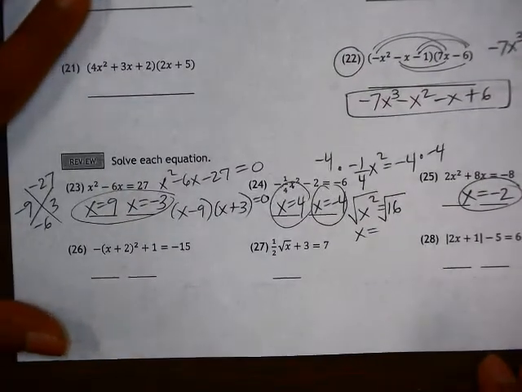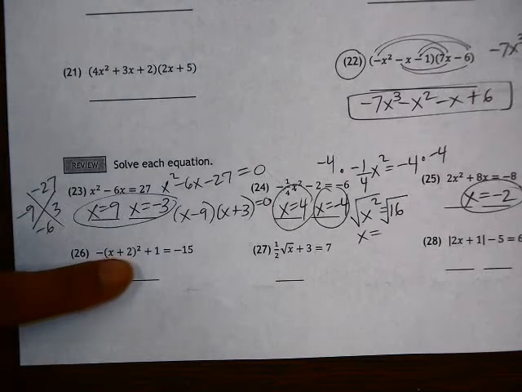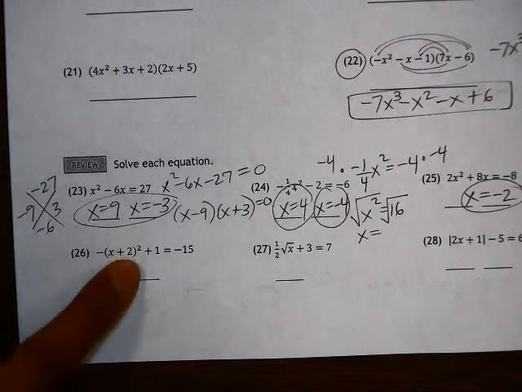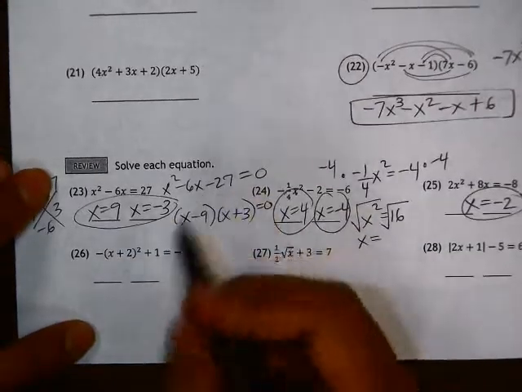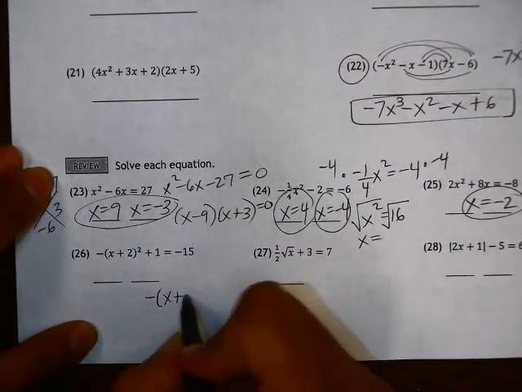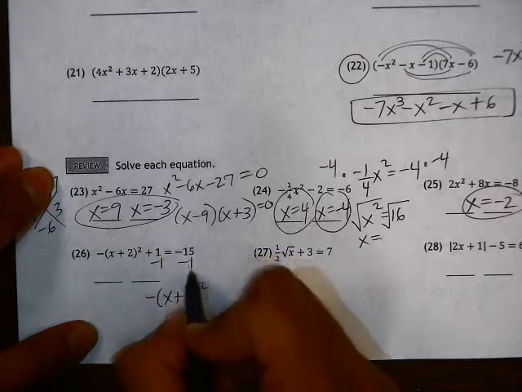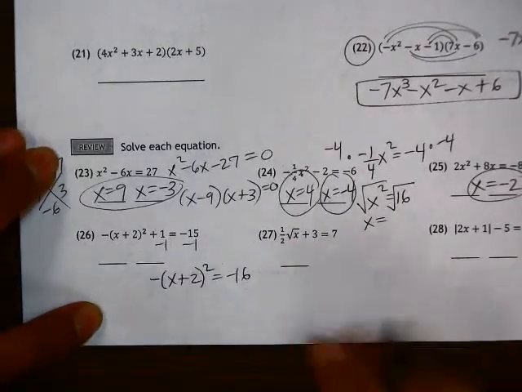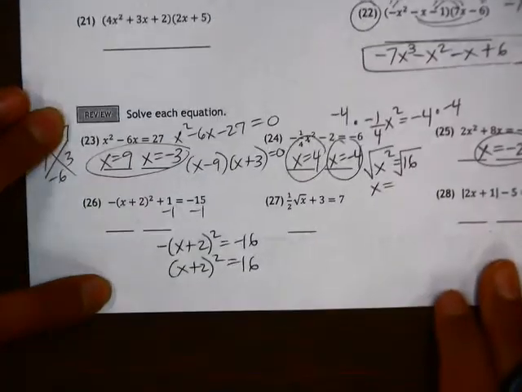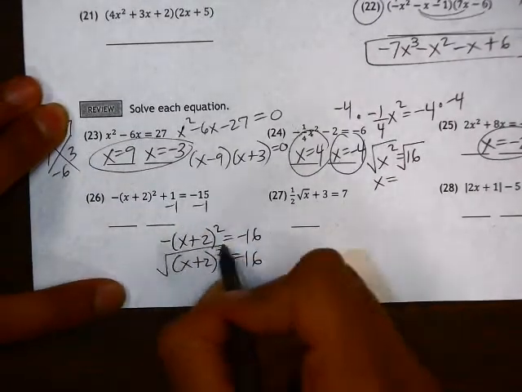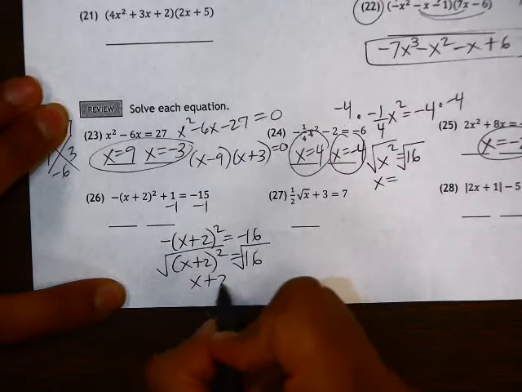On number 26, we need to try to isolate this expression here and then maybe treat it similar to how we treated 24, where we took the square root of the squared term. So in order to isolate this, I need to subtract 1 from both sides and also divide both sides by negative 1. Now that I have the squared term by itself, I'm going to square root both sides.